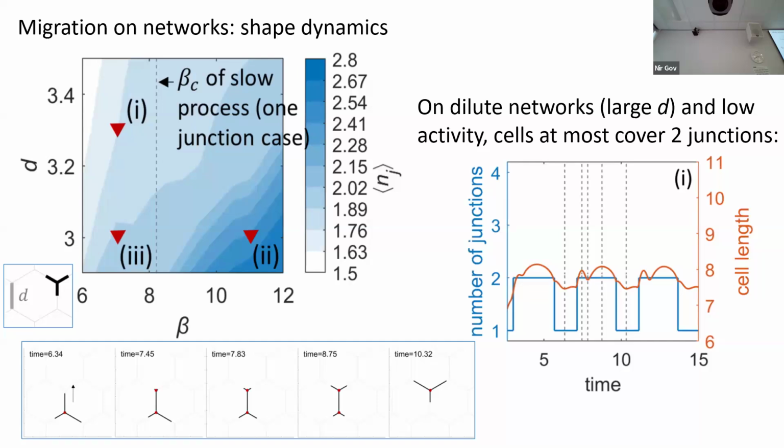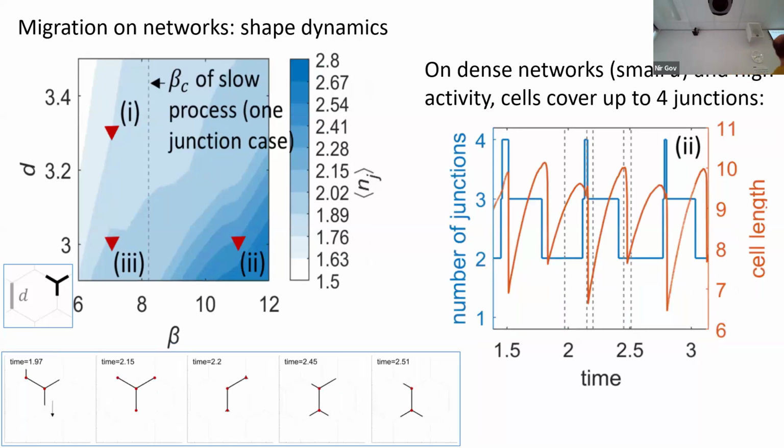Not surprisingly, you see that when the network is very sparse, so its sides are very large, you at most span 1 or 2 junctions. And as you are making the size smaller and also increasing the activity, your cells become longer, and now you can span up to 4 junctions. So that's the time series of the number of junctions that this object was spanning: 2, 4, 3, 2, 2, and so on. And the total length of the cell is changing as well.